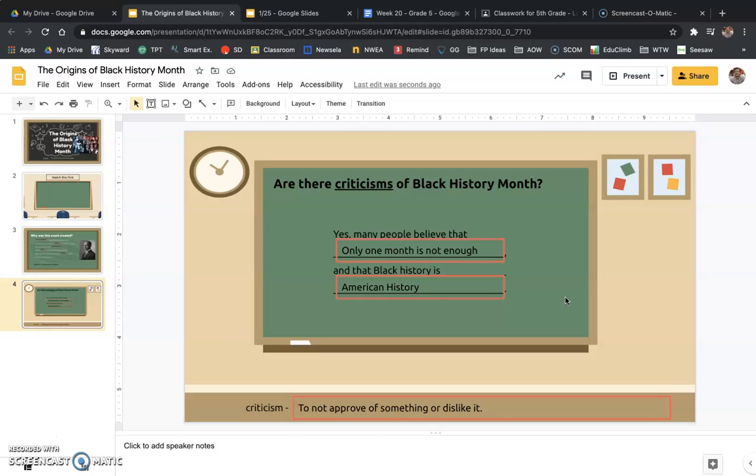The Black history part of that story should already be inside of American history because they are Americans, right? So a lot of people are saying we should not just spend 1 month on this. We should be teaching it every day in history class. Okay, so that is the criticism of Black History Month.